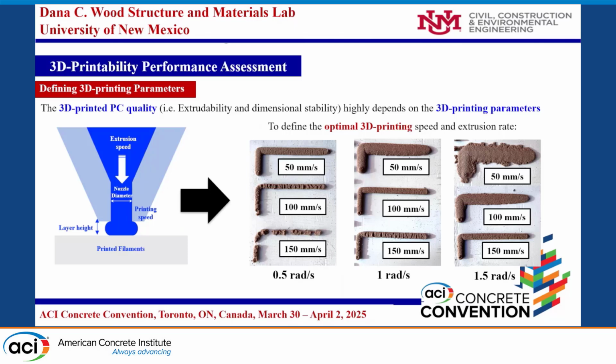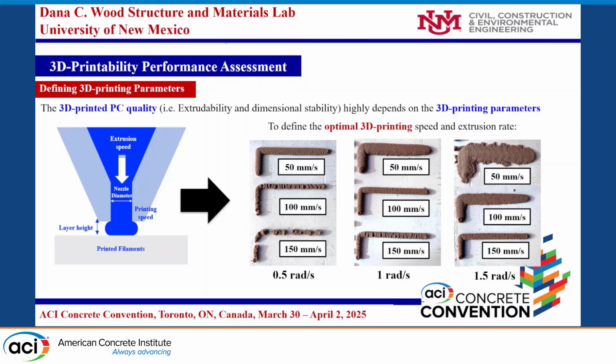So those mixes that pass the first step are then moved to the next step, which is defining the optimal 3D printing parameters. And this is very important, as you can see, the extrusion speed and the extrusion rate significantly influence the printing quality of the filaments. So at the same time, we are testing the buildability and extrudability.